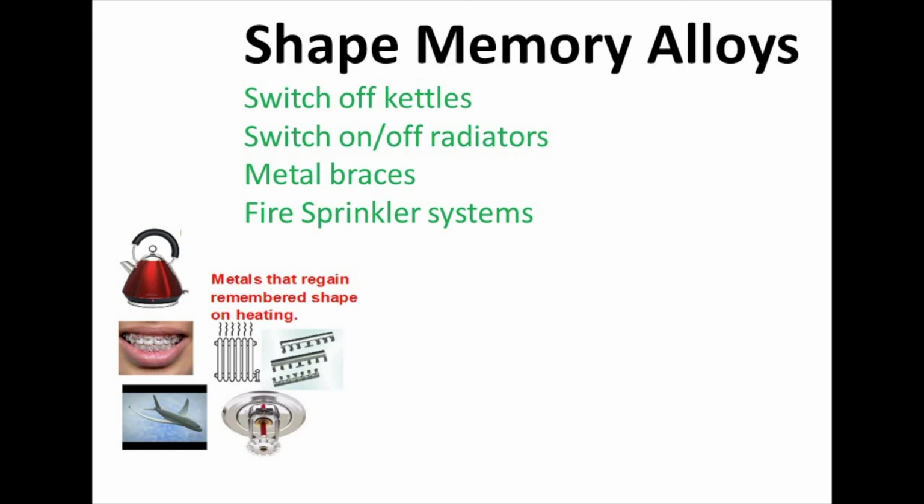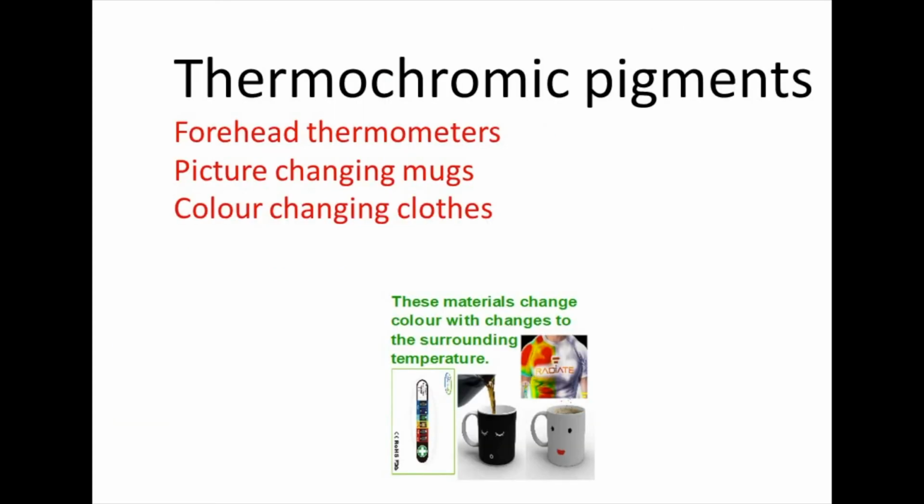Braces are also on your teeth, that they will straighten up or bend to its preferred shape, whichever you want. You either want your teeth to be pulled out slightly or pushed in slightly, and so the shape memory alloy will do that job. Thermochromic pigments.